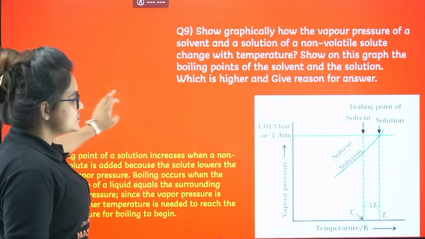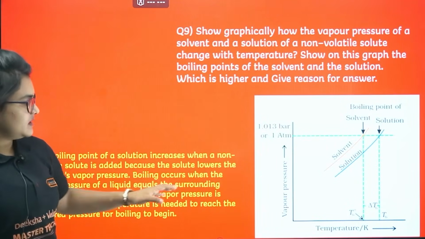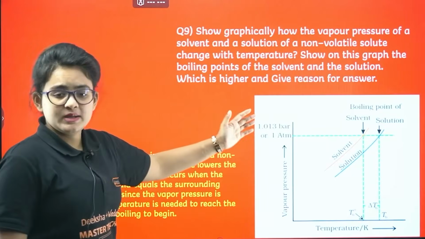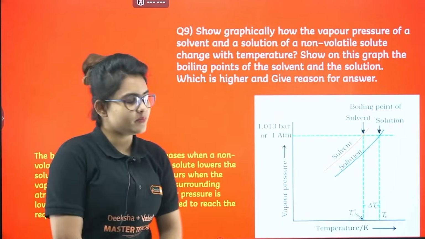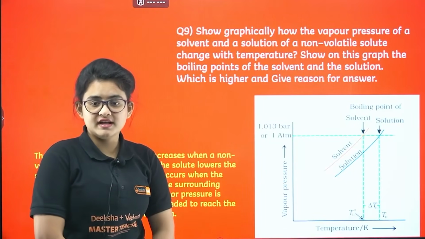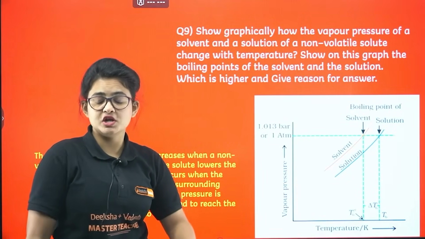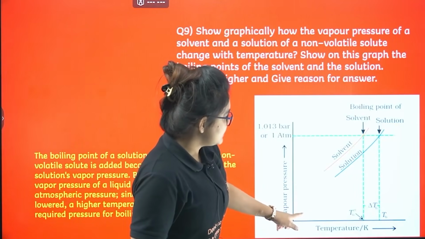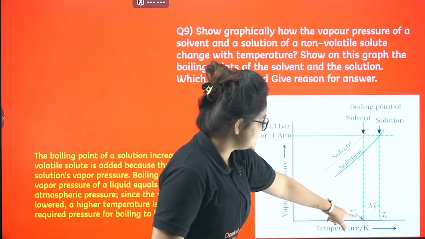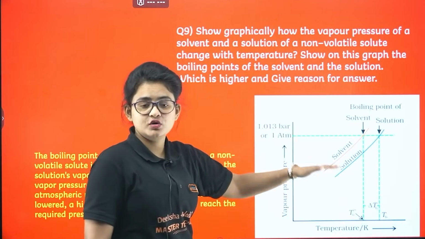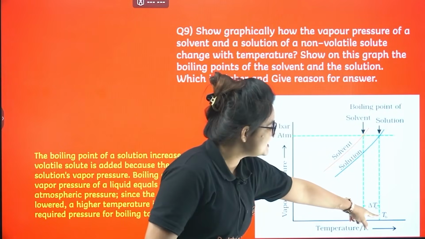Okay, so for this case, this is nothing but the elevation in boiling point graph. So basically what happens whenever you put a non-volatile solute in a volatile solvent, there occurs elevation in boiling point. So in the normal case you can see the solvent was boiling at this temperature TB0, but after the solute is added, it will boil at TB.